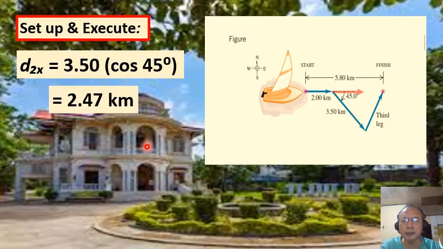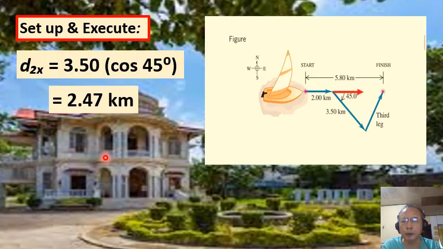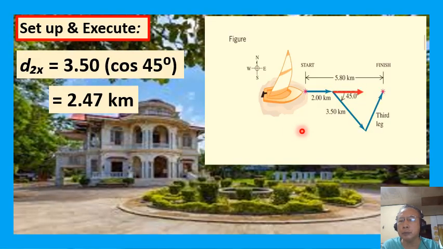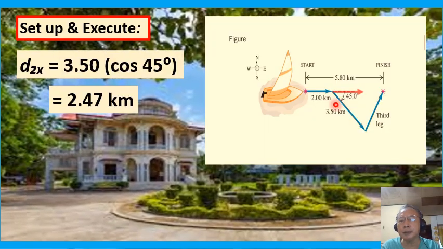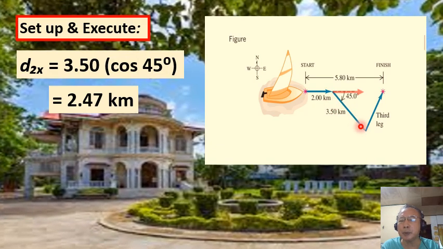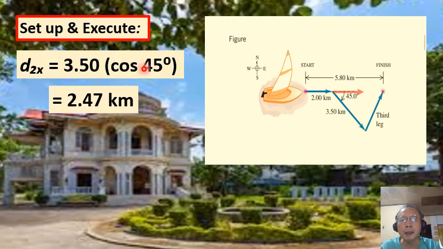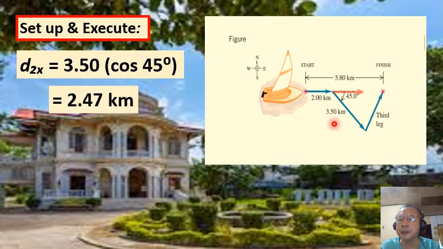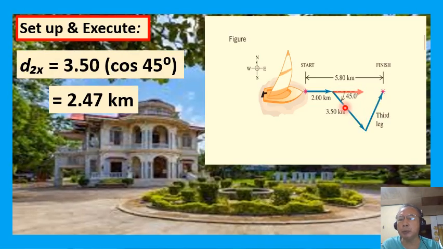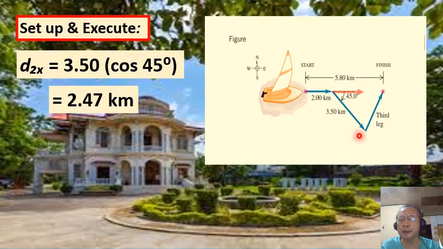Since our emphasis in this problem is to apply the component method of adding vectors, to determine the x and the y components of the second displacement vector, which is given, we first consider the angle that displacement number 2 makes with the horizontal, and that is understood to be 45 degrees.